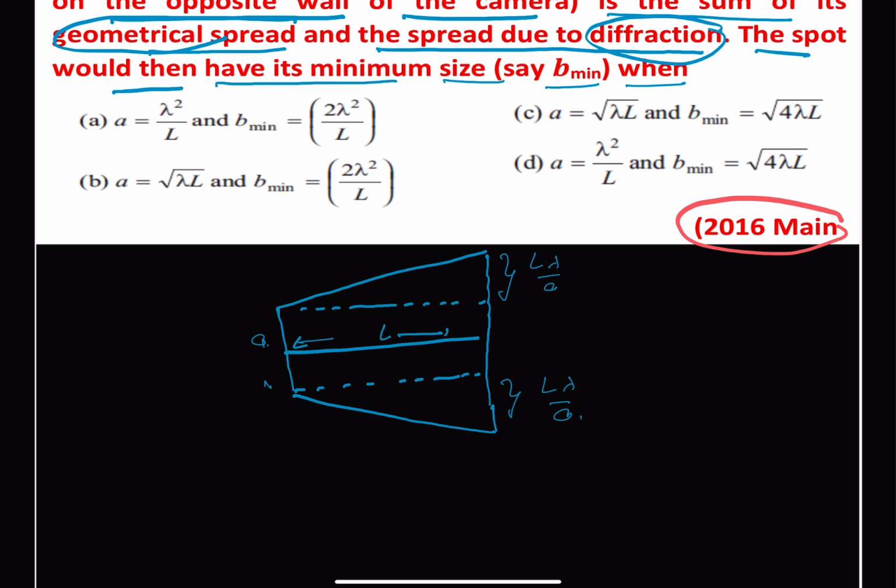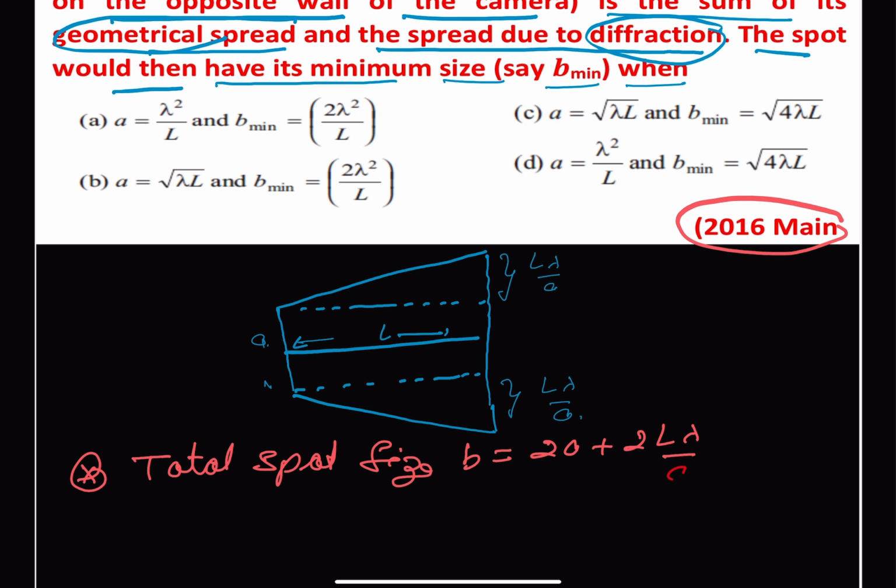So we can say that the total spot size B will be equal to 2A plus 2L lambda by A, and 2A is the geometrical spread and 2 lambda by A is the diffraction spread.